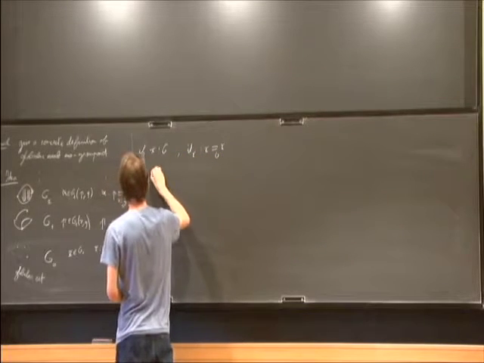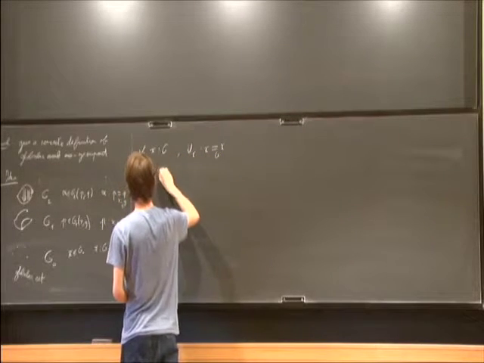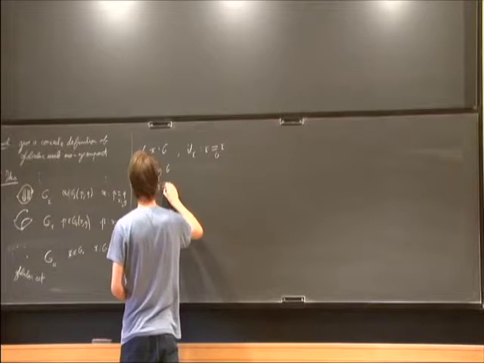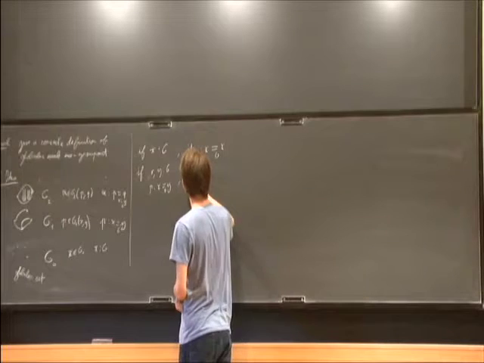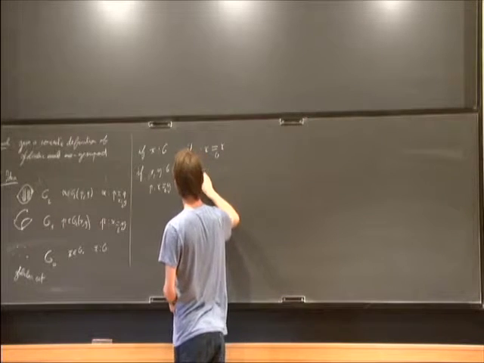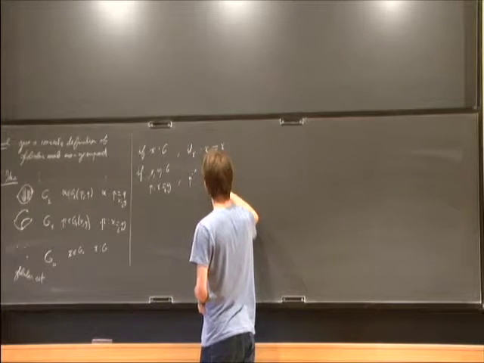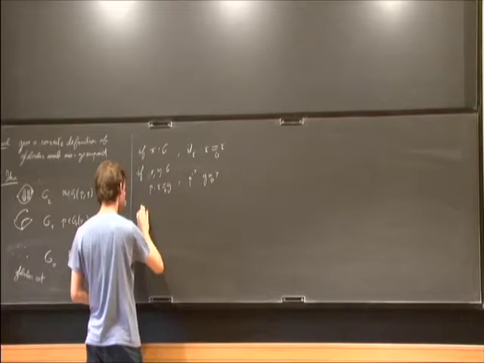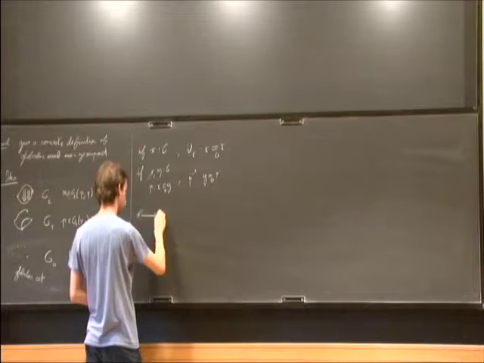You will have inverses: if you have an arrow P from x to y, you will have some P minus 1 from y to x. Then you will have composition.